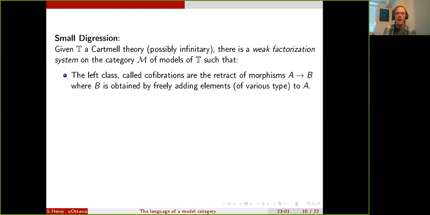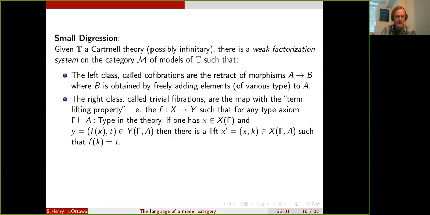And I can also freely add elements to the equality predicate, which would have the effect of taking two morphisms that are already parallel, with the same source and target, and making them equal because I'm adding an element freely to the equality predicate. So when you combine these free constructions, you can do pretty much anything you want on morphisms, because you can freely add morphisms and make any two morphisms equal. And you can freely add objects, but you cannot make two objects equal. So the class of functors between categories that you obtain this way are exactly the functors that are injective on objects.